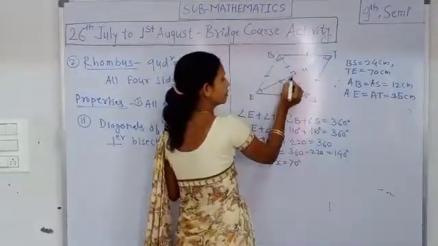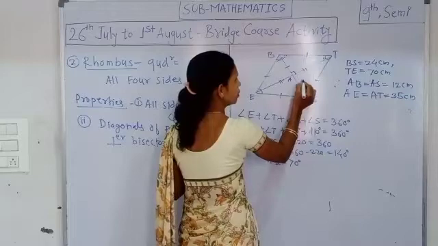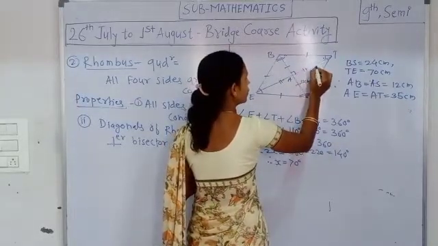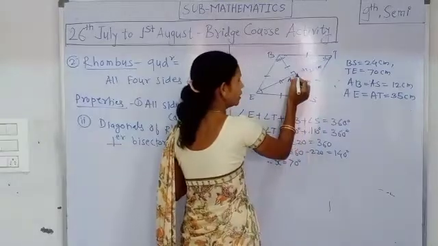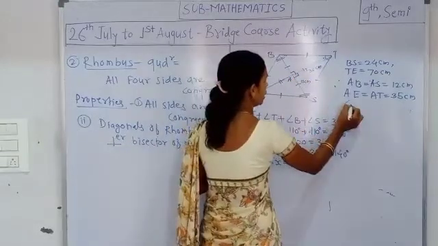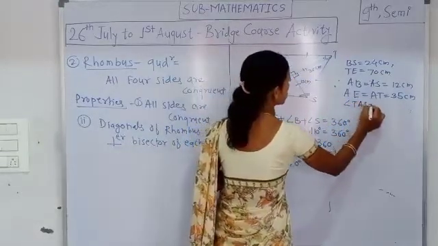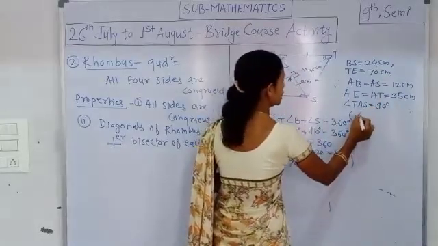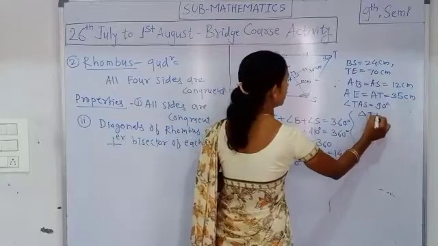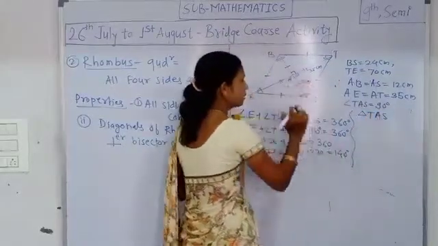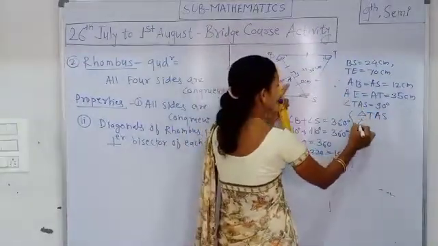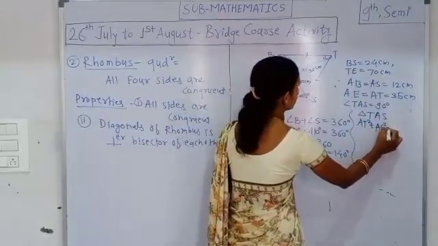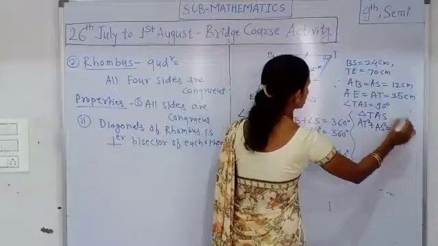Then AS is 12 centimeters and AT is 35 centimeters, and angle TAS is 90 degrees. Therefore, in right angle triangle TAS, AT square plus AS square is equal to TS square.